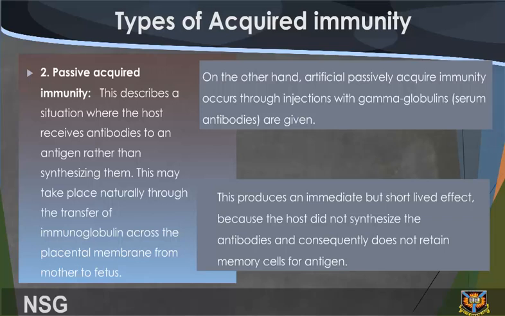On the other hand, artificial passively acquired immunity occurs through injections with gamma globulins. Serum antibodies are given. This produces an immediate but short-lived effect because the host did not synthesize the antibodies and consequently does not retain memory cells for the antigen.